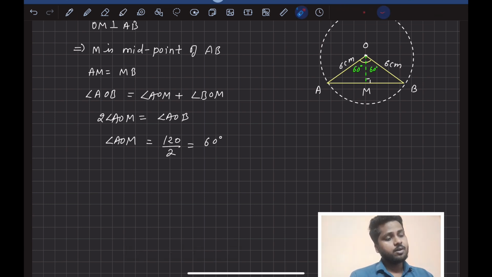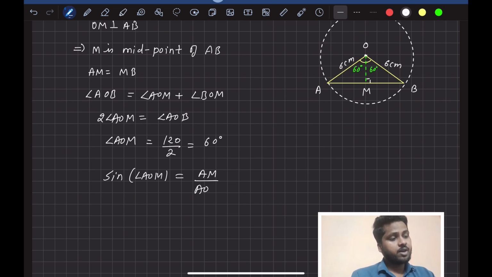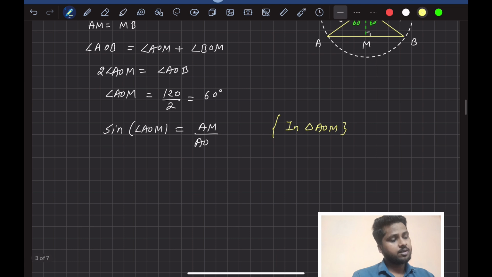Now students, you have to say which trigonometric ratio will relate this one and this one, that is hypotenuse and this one, because the known angle is this one. So I'll use sine, because sine is opposite upon hypotenuse. So I will use here sine of angle AOM equals opposite, that is AM, divided by AO. In which triangle are we using? In triangle AOM. You can see here, I will make the triangle like this.